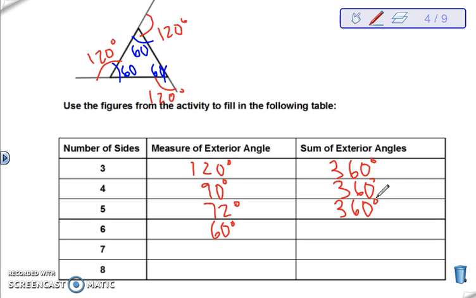If I have 6 angles that each measure 60 degrees, I have a total of 360 degrees. And so hopefully we are noticing the pattern that when we're dealing with external angles, the total is always 360 degrees.